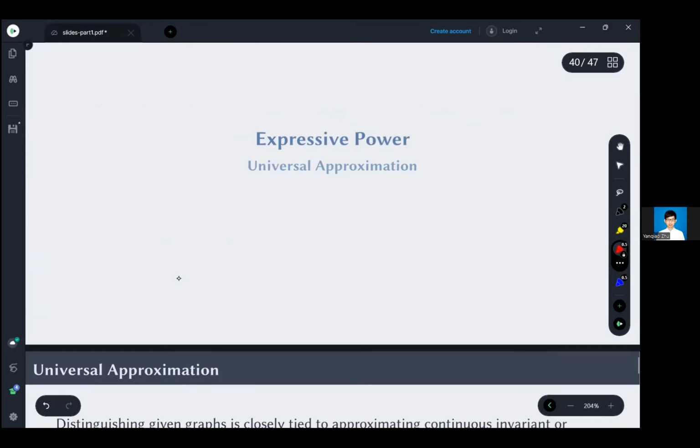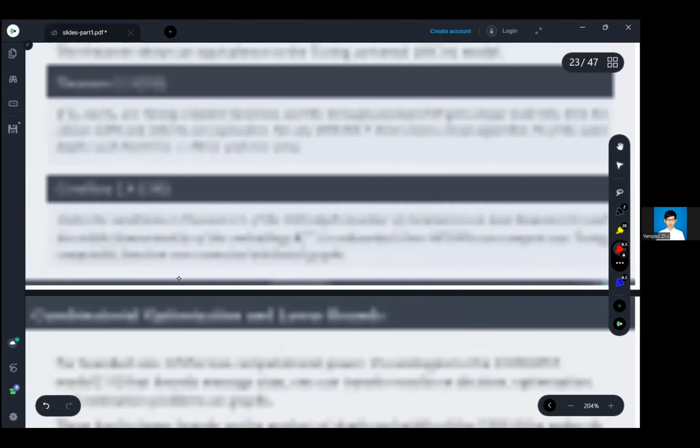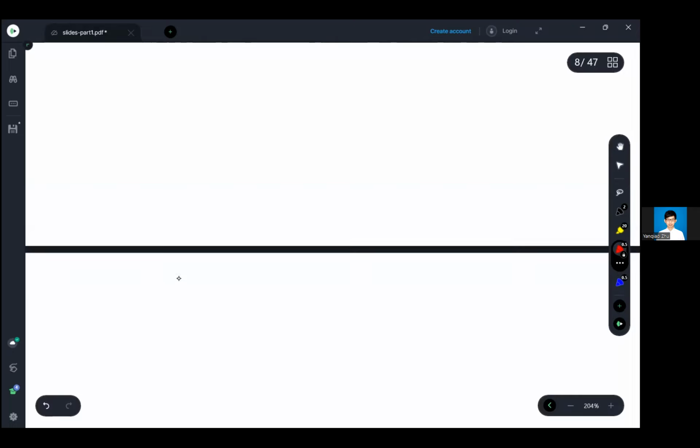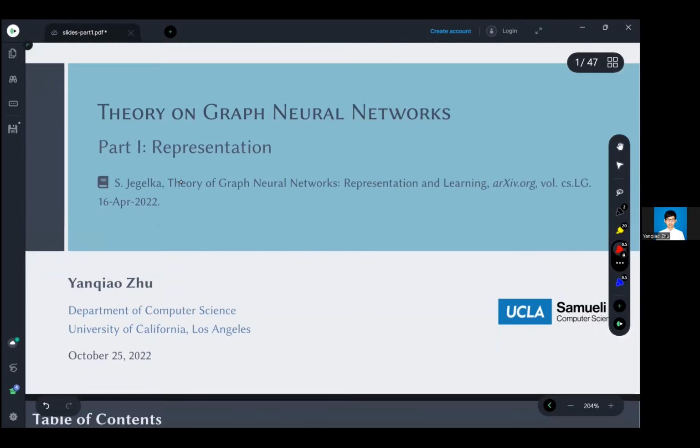Yeah, and I think this survey, sorry, let me switch to the first page. I think this survey gives you a very high-level picture of what's going on in terms of theoretical aspects of graph neural network models. For the generalization and out-of-distribution generalization problems, there are not so many works that can fit into a reading group.